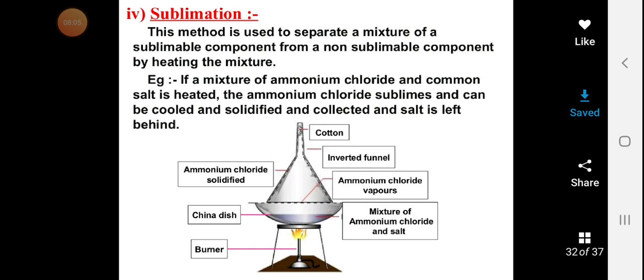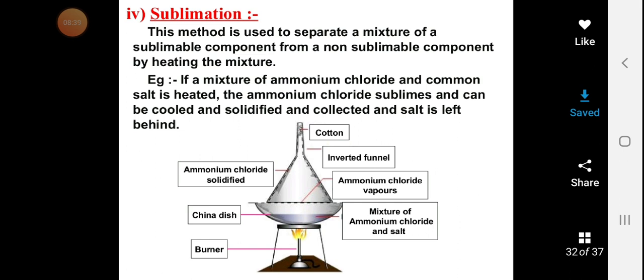At the end of the funnel you can see a cotton plug onto which the fumes of ammonium chloride get condensed back and collected, and the ammonium chloride solidifies back. What remains in the china dish is nothing but the salt. So using sublimation you can separate a sublimable compound from a non-sublimable compound.